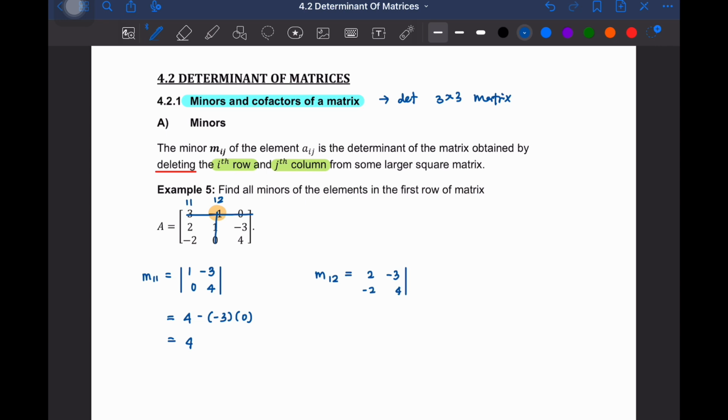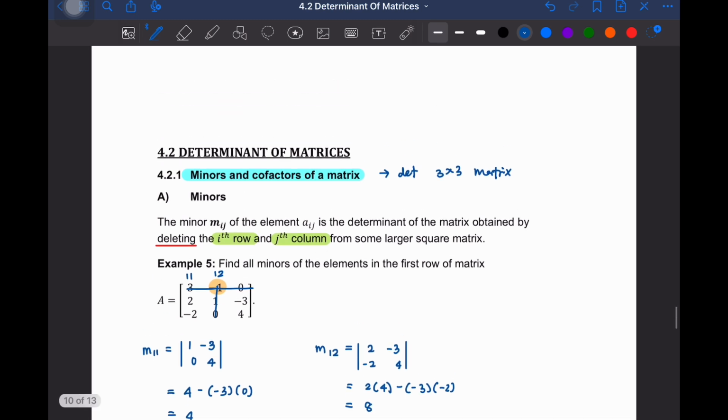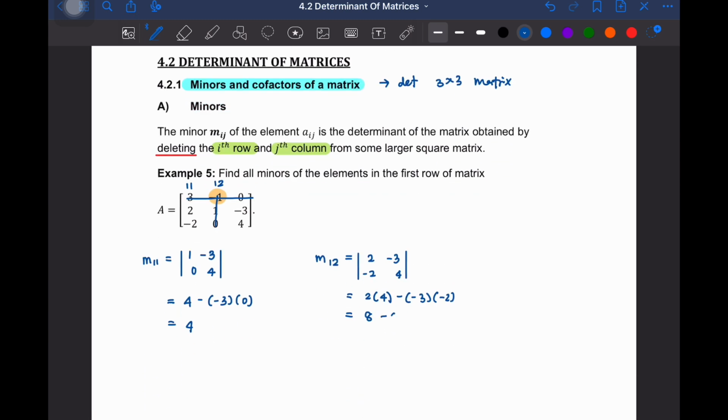So do a modulus. And then just calculate the determinant of AD minus BC. So 2 times 4 minus negative 3 times negative 2. So you have 8 minus 6 is equal to 2.